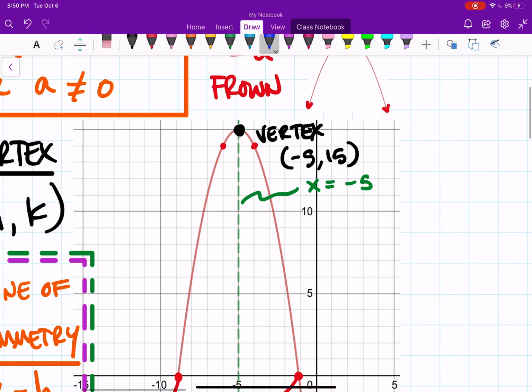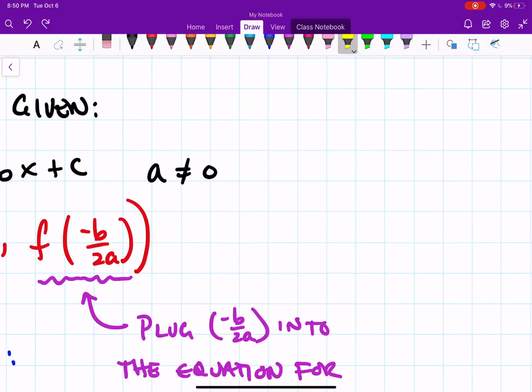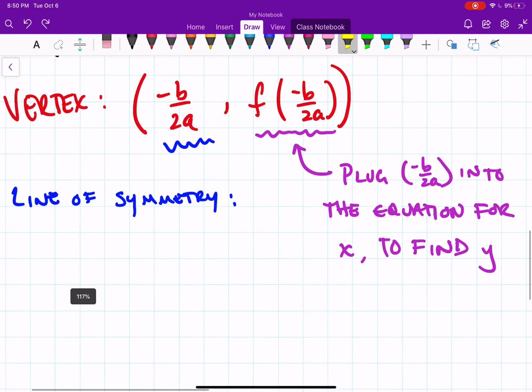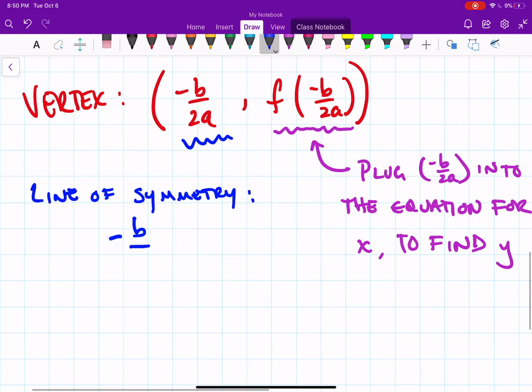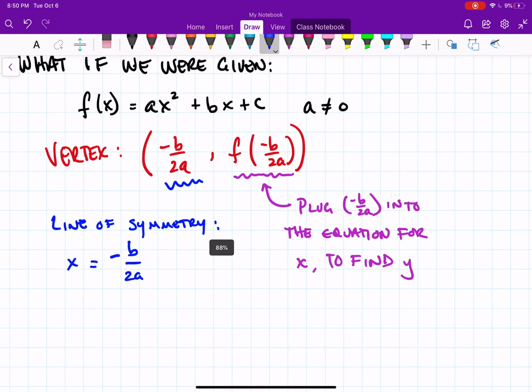It's just the so-called x value up here, because it's x equals. So if that's the case, then my line of symmetry is just negative b over 2a, or better yet, x equals negative b over 2a. So once I find my line of symmetry, I got my x value for the vertex, and then I plug that into the equation to find my y value, and then I find my vertex.